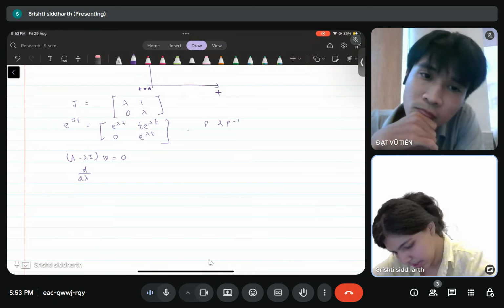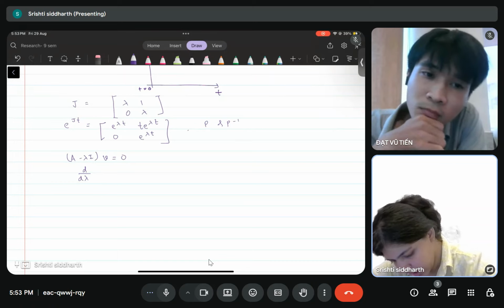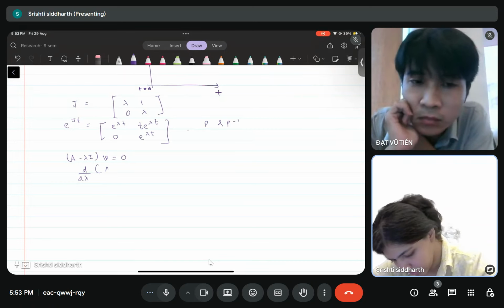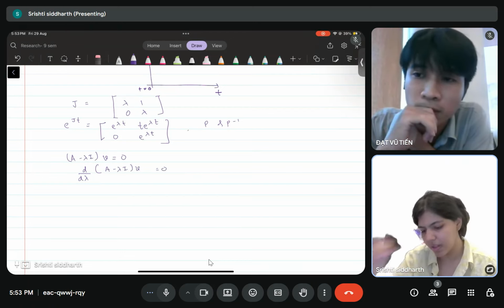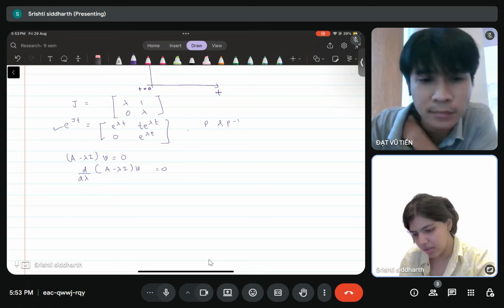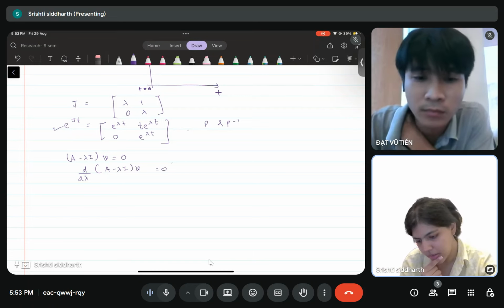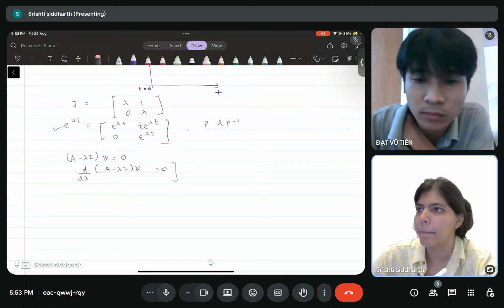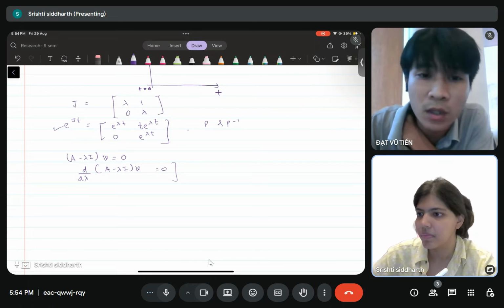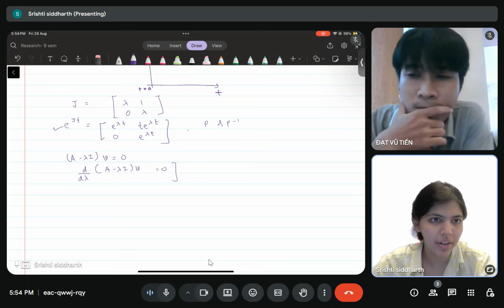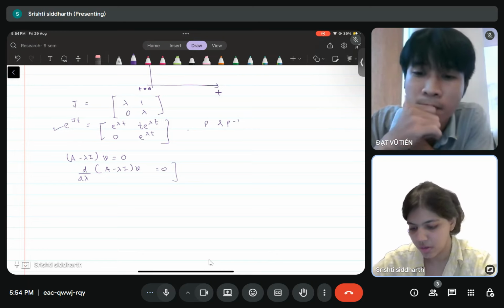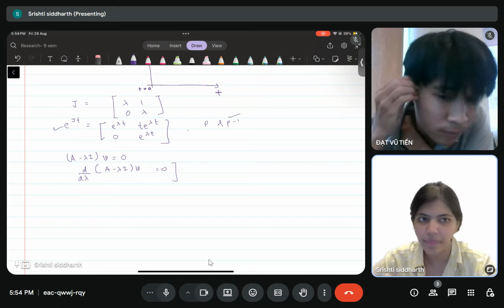So I think it's d by d lambda, and then you take. Okay. So this is correct. I have to check this out. So the problem is to find the other eigenvector for the same eigenvalue so that P inverse also exists.